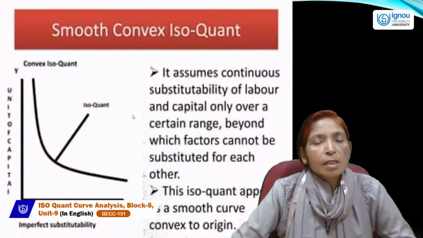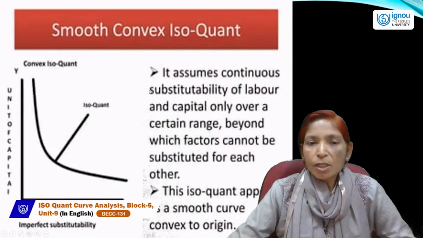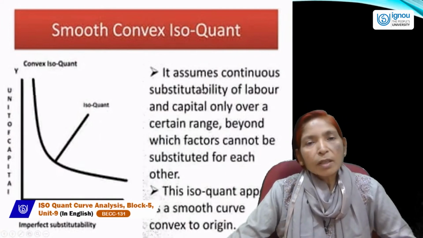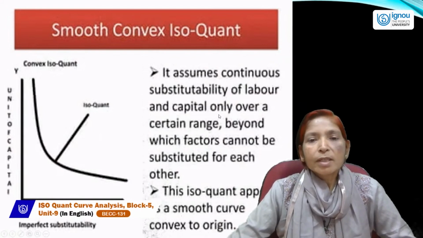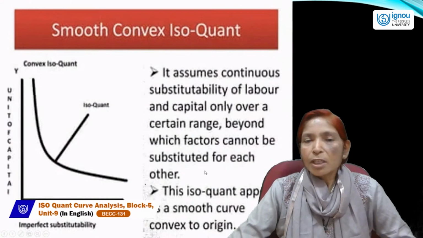Next is smooth convex isoquant. Generally, isoquant curve is convex to the origin. It assumes continuous substitutability of labor and capital only over a certain range, beyond which factors can't be substituted for each other.